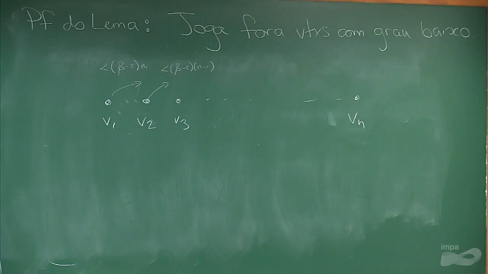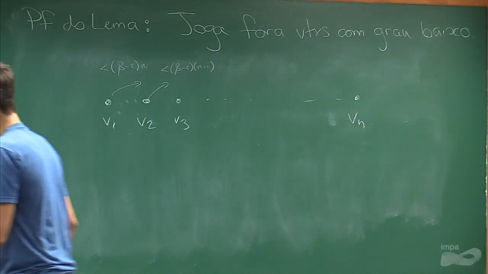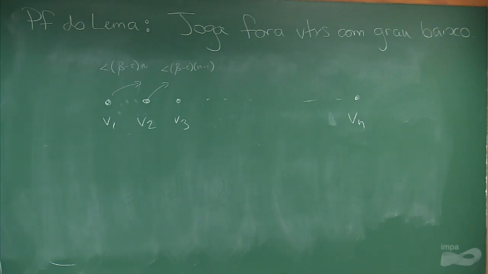So how many edges does G have? Rather than write density, I can just rewrite this.